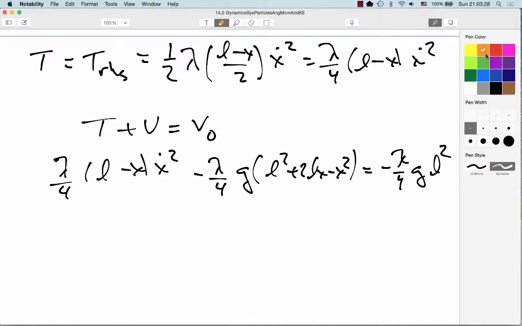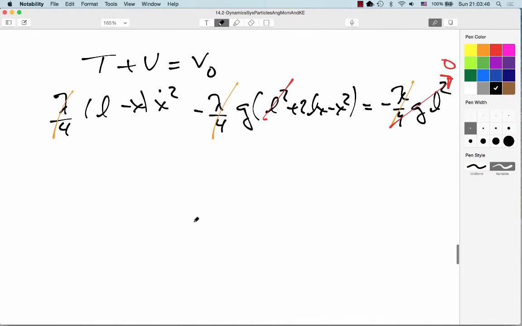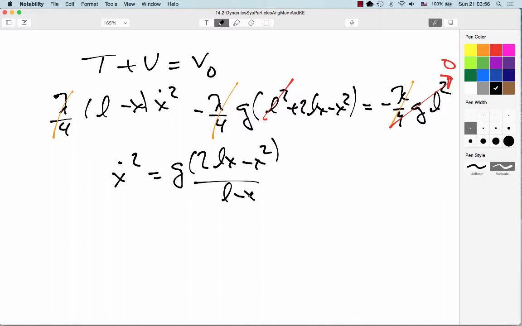All right, so first off, we can cancel the lambda over 4s. And then this G L squared term here, so this all just goes to 0, cancels that L squared off right to there. So I am left with x dot squared equals g times 2lx minus x squared over L minus x.